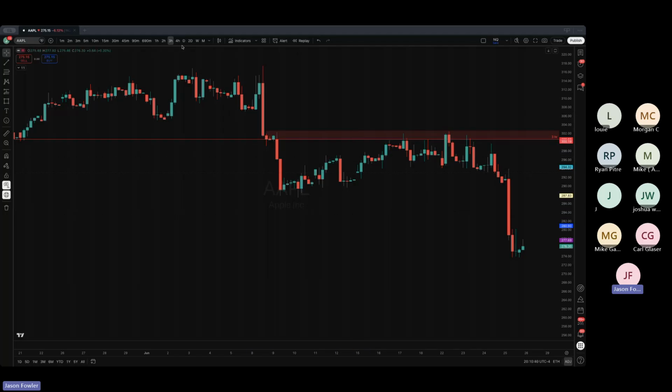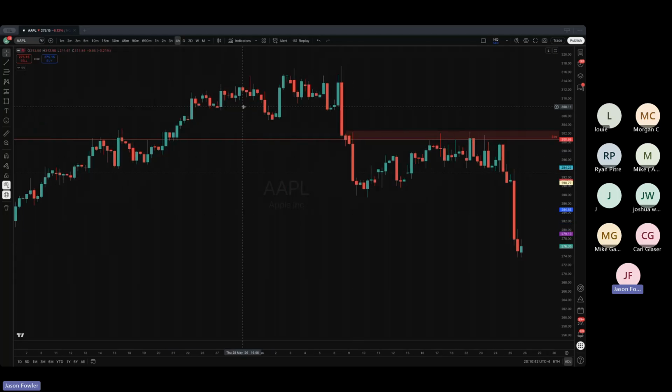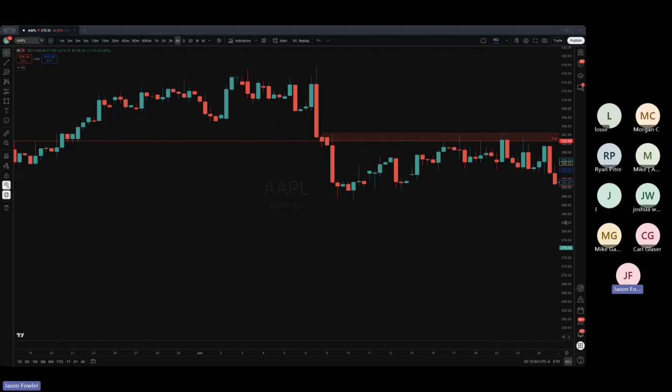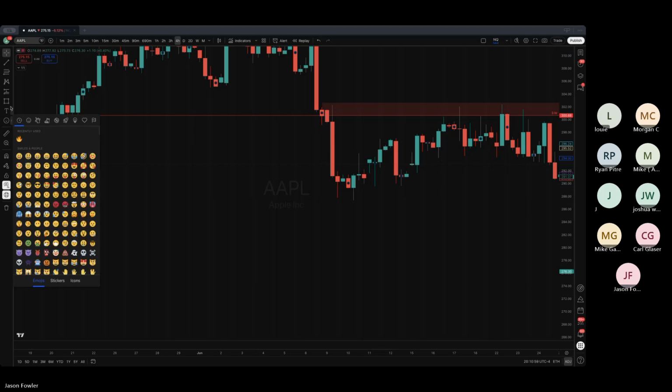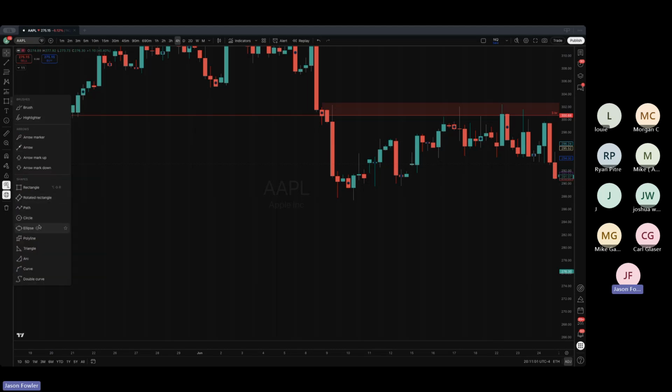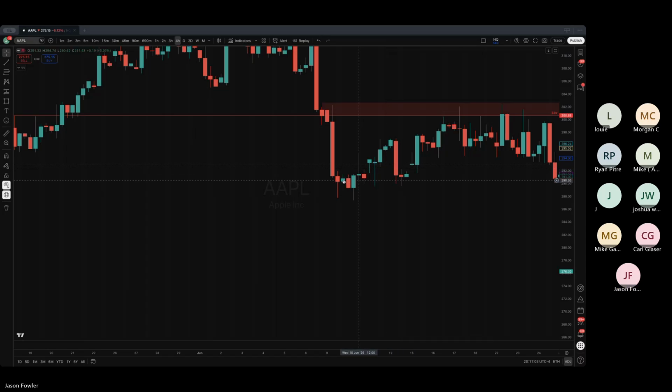So your indecision candle will be something like, this could be a zone here. Let's find a cleaner one for us. This became invalidated, but at one point, this red basing candle, this one right here, does everyone see that? Let's put a circle here.